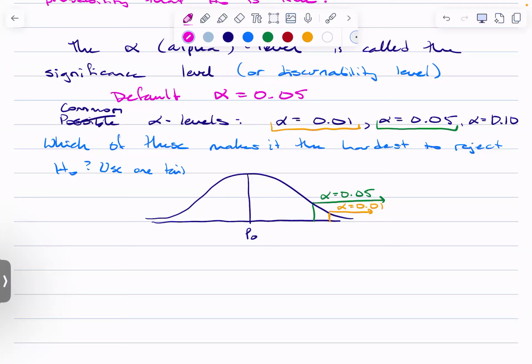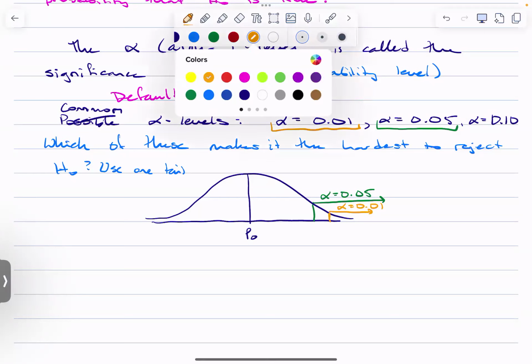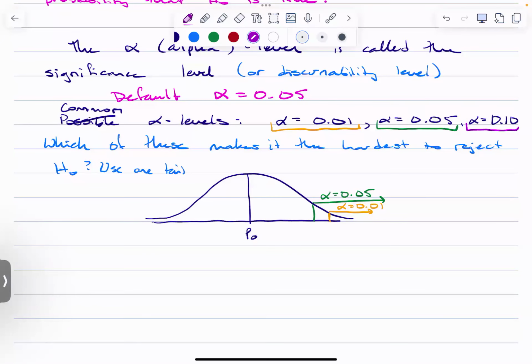Let's see here, what color can I use? Purple, maybe. Which means that alpha equals 0.10 is the closest.